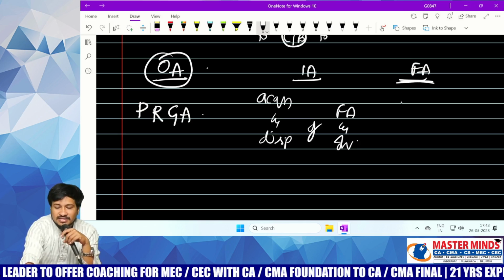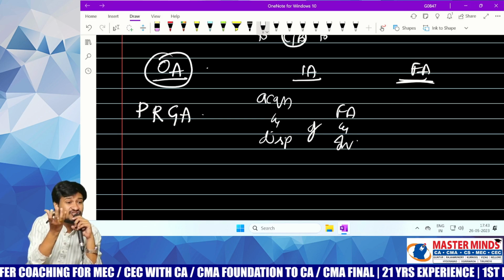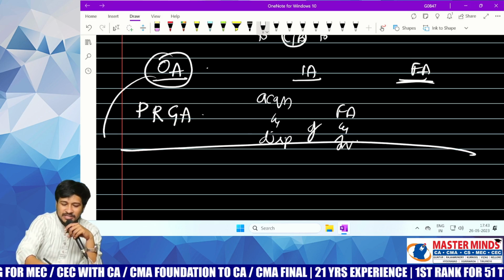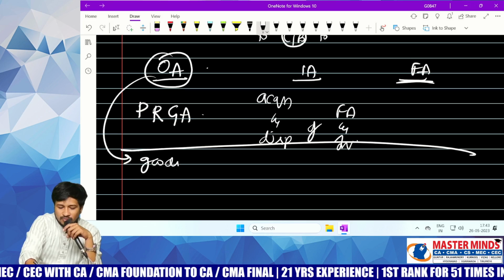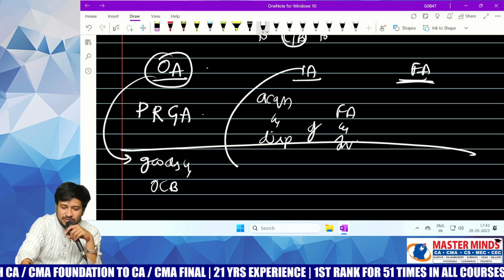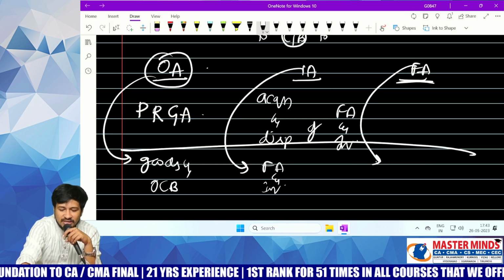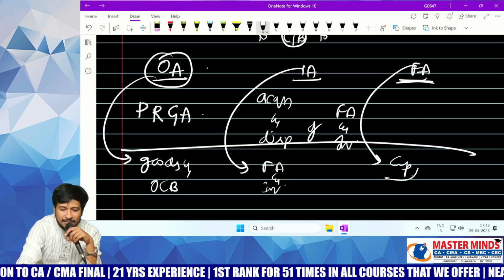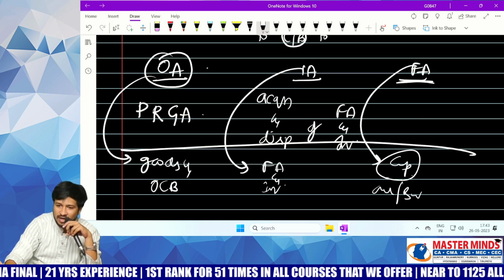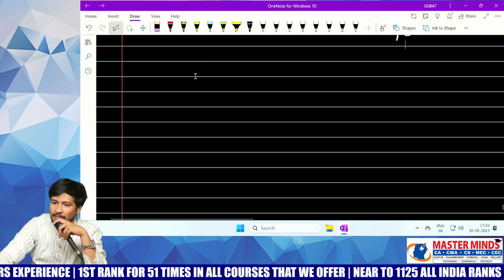And financing activities are those which cause changes in the composition of capital funds. To identify in the simplest way: operating relates to goods and the ordinary course of business, investing relates to fixed assets and investments, and financing relates to capital, which might be either owned or borrowed. Understood? That's what the activities are about.